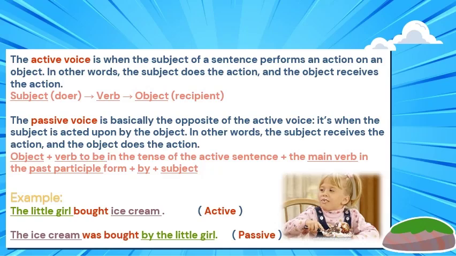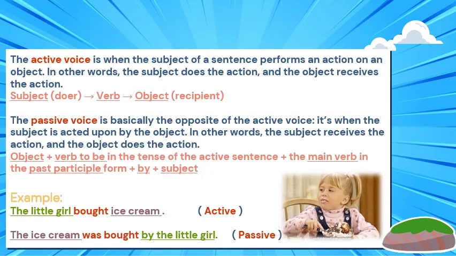The ice cream. We saw in the active sentence that bought is in the past. So when the verb is in the past, I will take it and put before the main verb was or were. Was if it is singular, were if it is plural. The ice cream here, singular or plural? Singular. So I will choose was and put the verb in the past participle, or the PP.